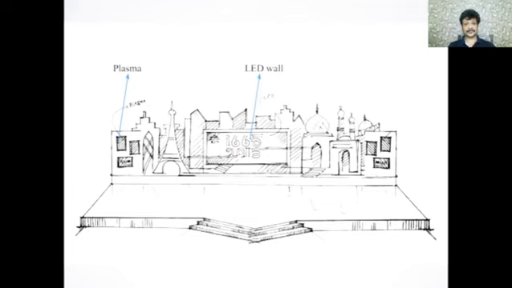As we move further into staging and theme design, in front of you is a theme for an event, created in sketch mode. It is a very initial part of theming, because this is a kind of brief we got from a client. The client brief was an Indo-French theme.